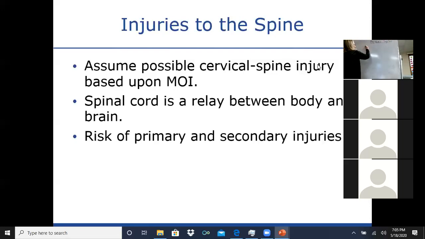I'm going to write it. Sympathetic, sound familiar? Parasympathetic systems, right? I know you guys know. So 2 different responses that we have to stimuli.